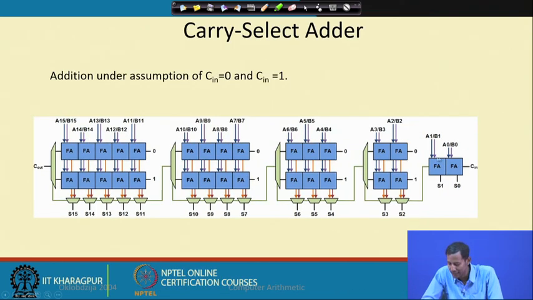Now if I reduce this by only 2 full adder cells, that means at the last level, then that 4 full adder cell delay will be reduced by 2. Then the groups become 2, 2, 3, 4, 5.